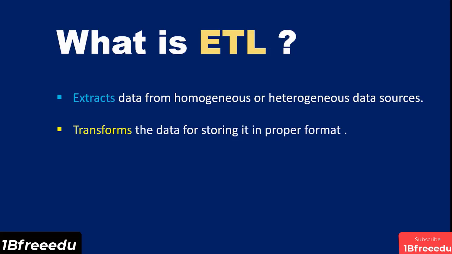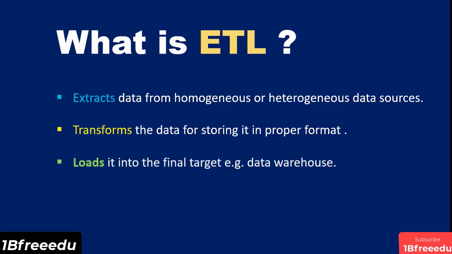So you use the transform process to put the data into a proper format according to your business requirements. And then you use the load process to load the transformed data into its final destination or target, which could be a data warehouse or data store.